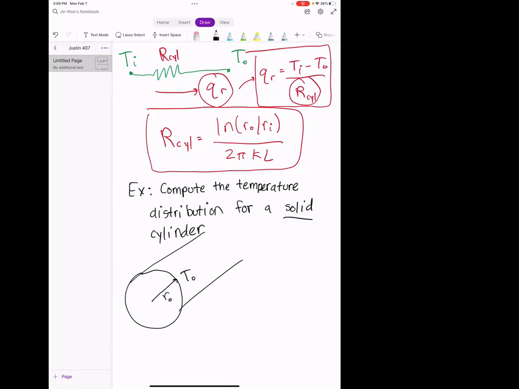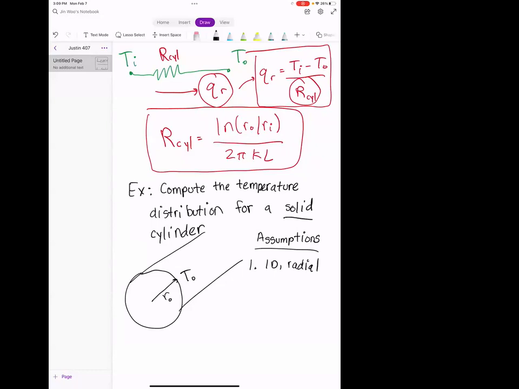I'll keep things simple, and let's say that for our boundary condition, we can assume that we know the temperature at the radius of the cylinder. Our assumptions are going to be mostly the same as before.